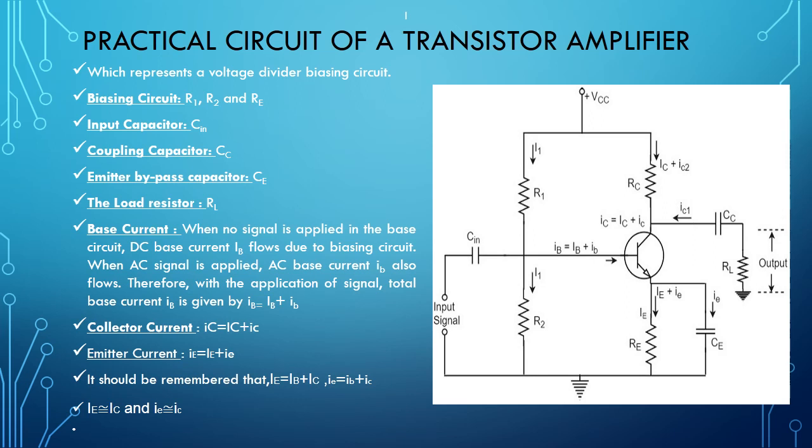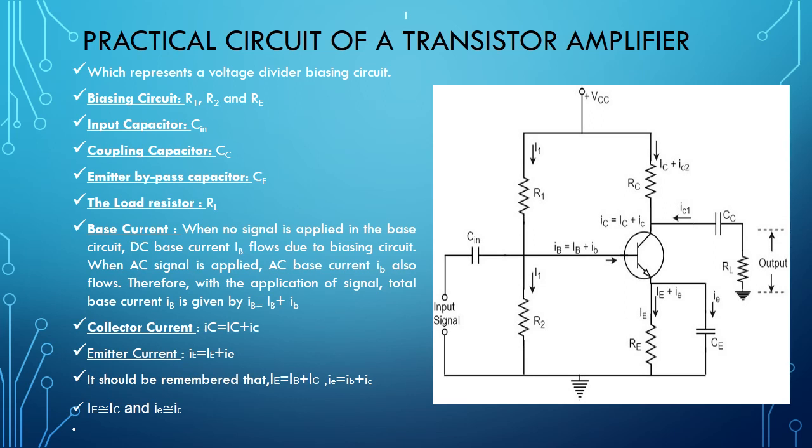In the circuit, we have the coupling capacitor, CC. This capacitor is present at the end of one stage and connects it to the other stage. As it couples two stages, it is called a coupling capacitor. This capacitor blocks the DC of one stage from entering the other, but allows the AC to pass. So this is also called a blocking capacitor.